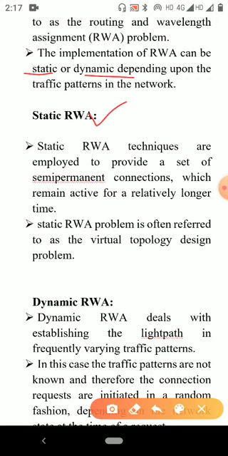The traffic patterns in this case are reasonably well known in advance, and the variation in traffic pattern is not frequent. Therefore, it is useful to optimize the way in which network resources will be assigned to each connection. The static RWA problem is often referred to as the virtual topology design problem.